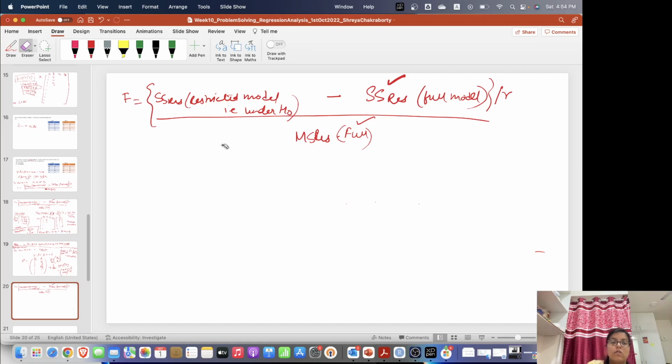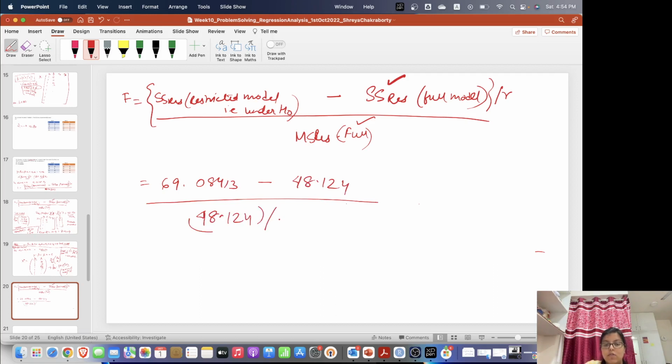So this one we got as 69.08413. This one we obtained already as 48.124, and MS was nothing but 48.124 by n minus 4, that is also 4. If we compute this, the value is 0.8711.